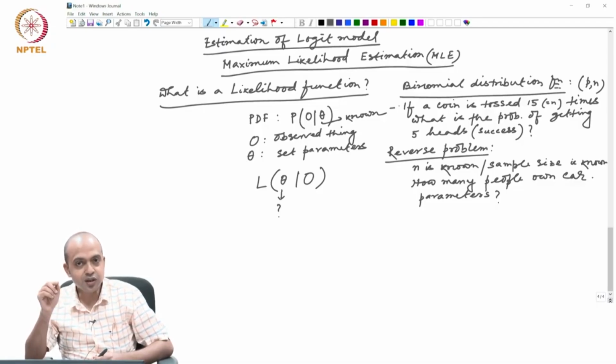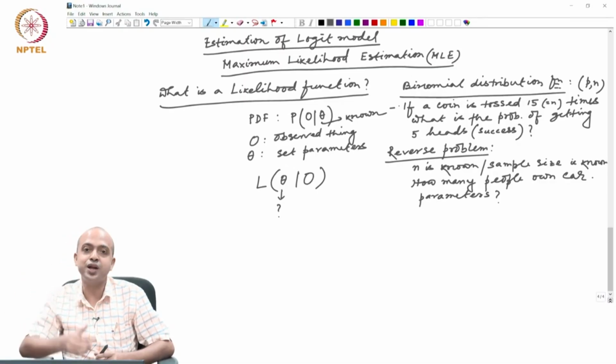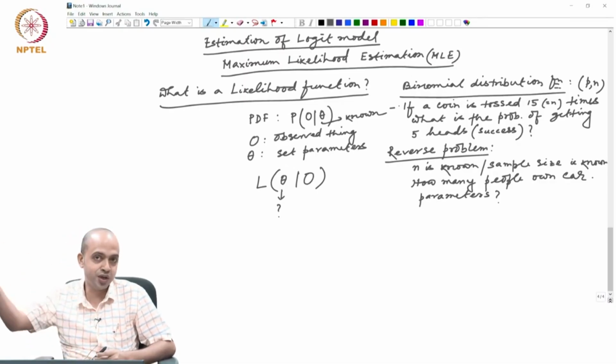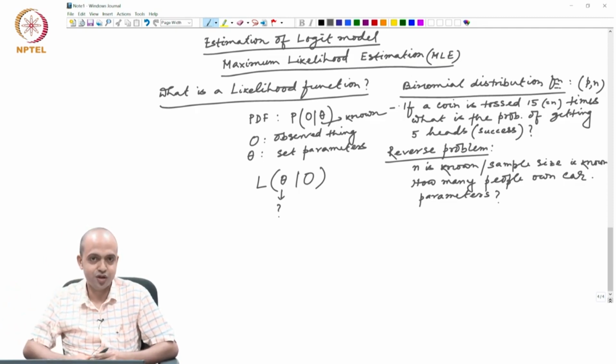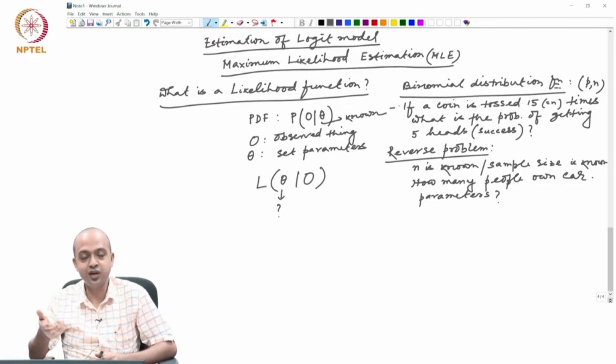You give me the set of parameters that will maximize the likelihood of observing that particular sample, because from a given population I could have observed some other samples of 15 individuals, and in that sample it would have happened that out of 15, 2 individuals are having a car, or 14, or 10.